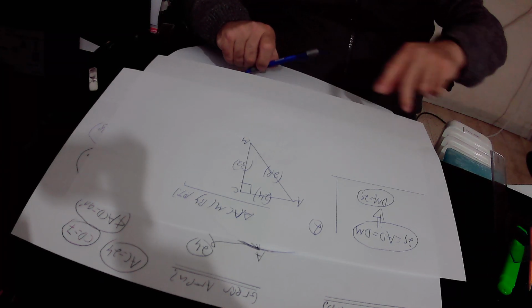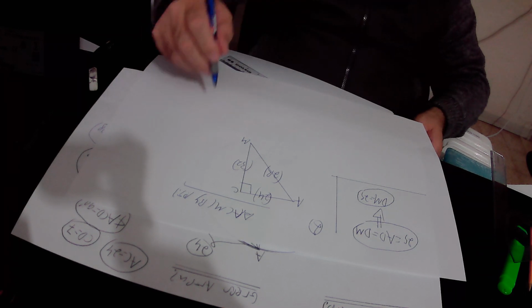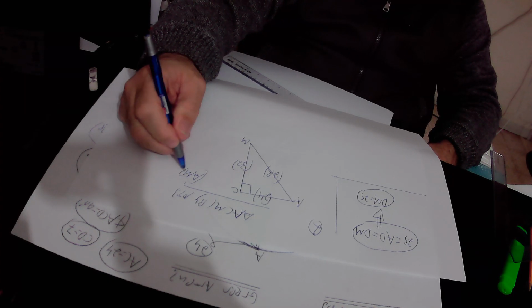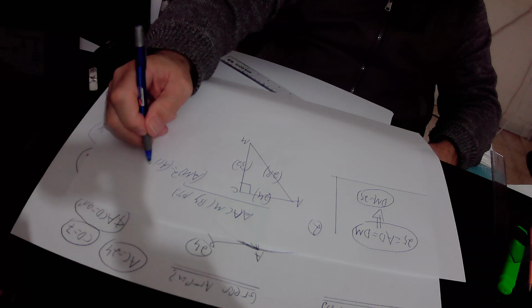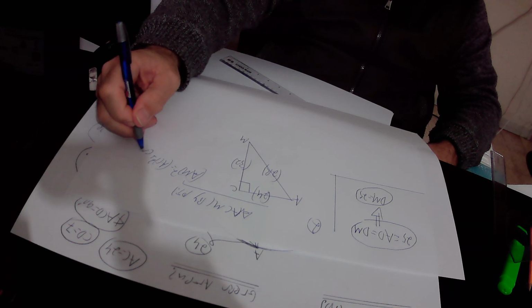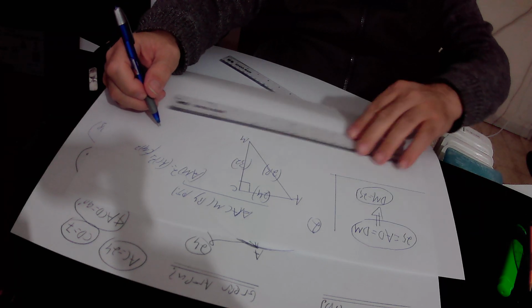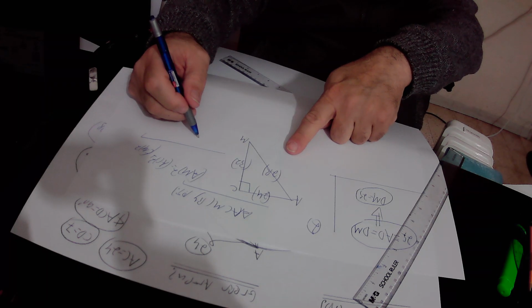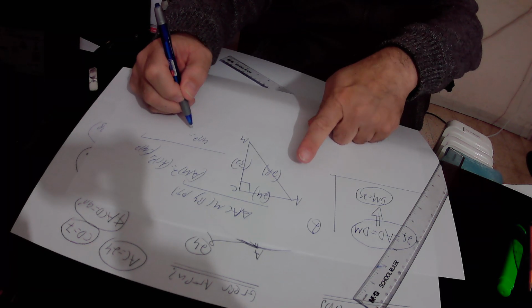According to the Pythagoras theorem, on this right triangle ACM, we get that AM squared equals AC squared plus CM squared. AM equals 2r, therefore AM squared is 4r squared, equal to AC squared.